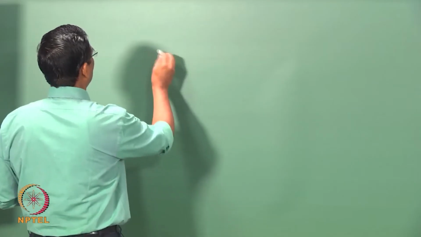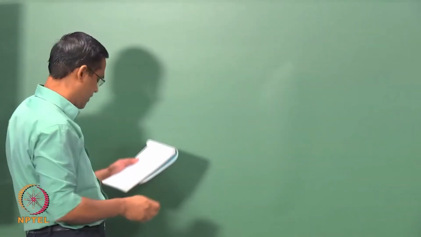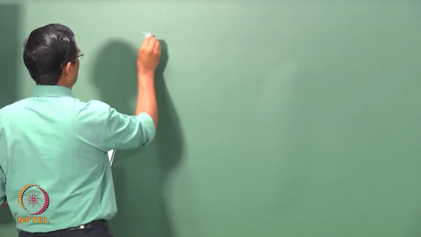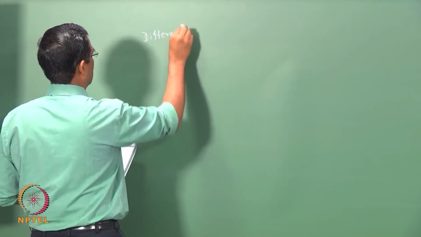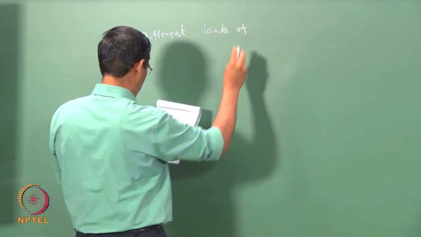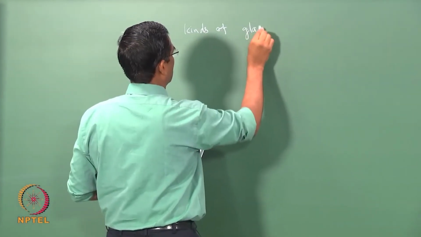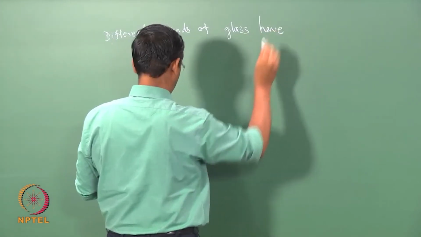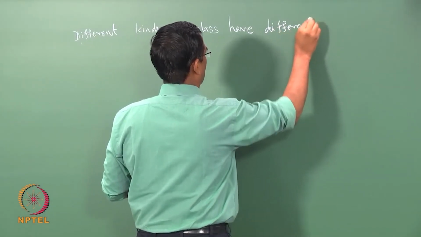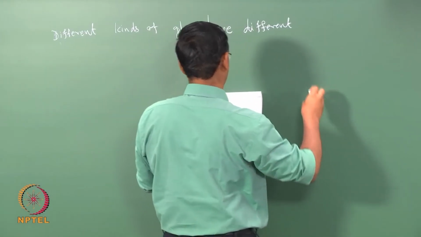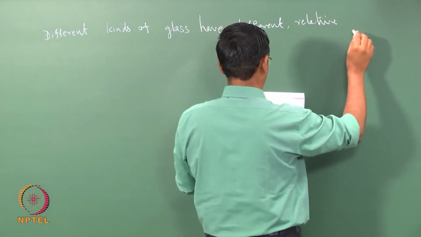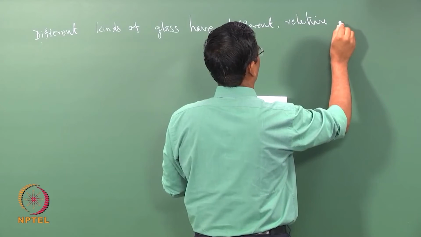So let us try to give one example of how this correction is being made. Let us write like this. Different kinds of glass have different relative dispersion.